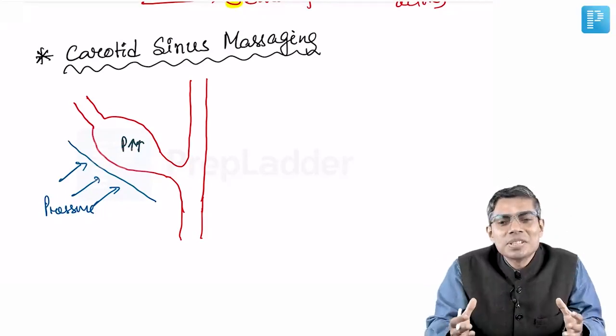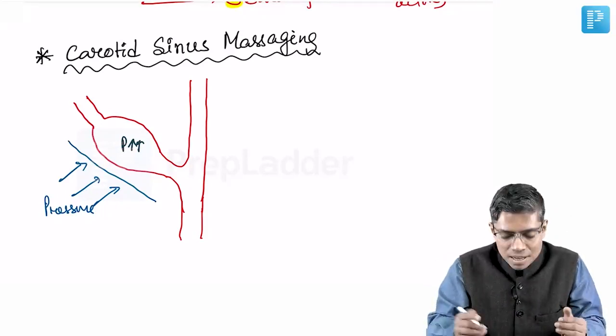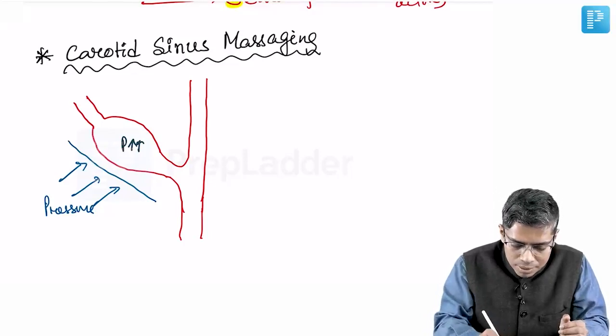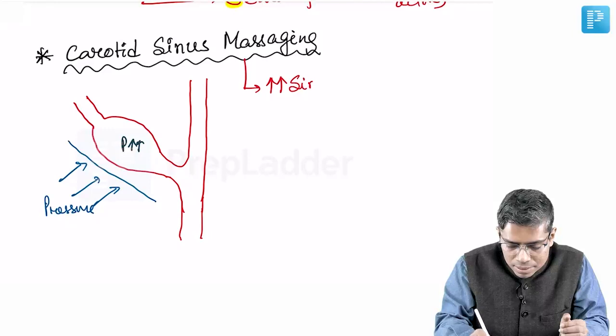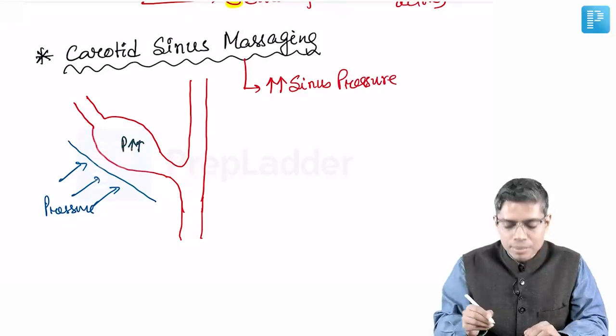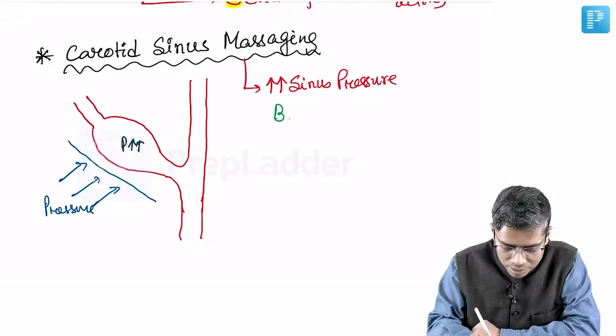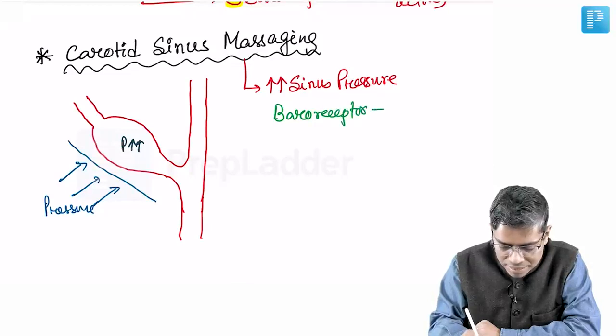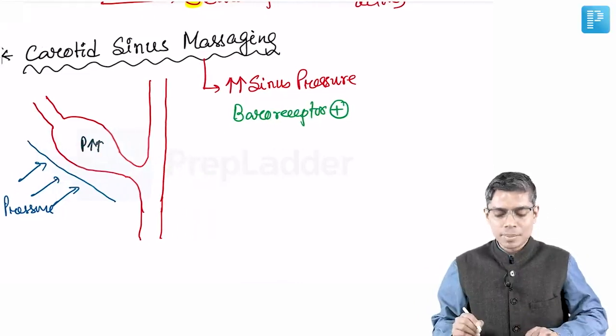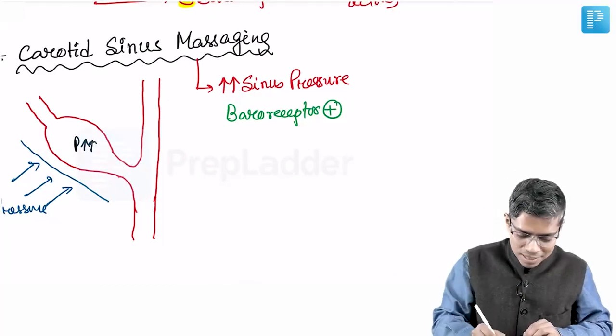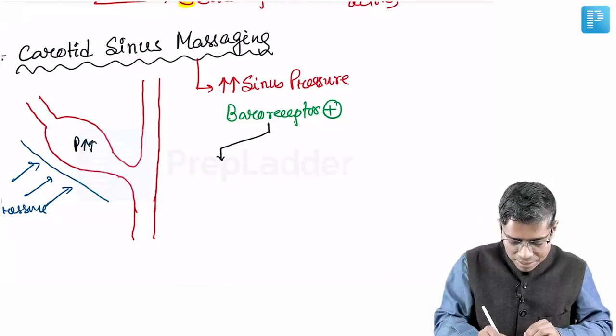So there will be an increase in pressure inside the sinus. I can write down, this will lead to increase in sinus pressure. Which receptor is there at the level of this sinus? Baroreceptor. So what is going to happen? They will be activated or inhibited. Baroreceptor will be activated, positive. What is the effect of this activation?